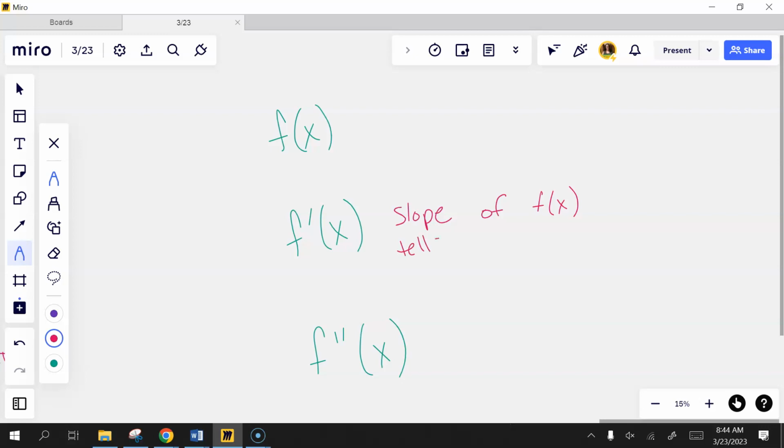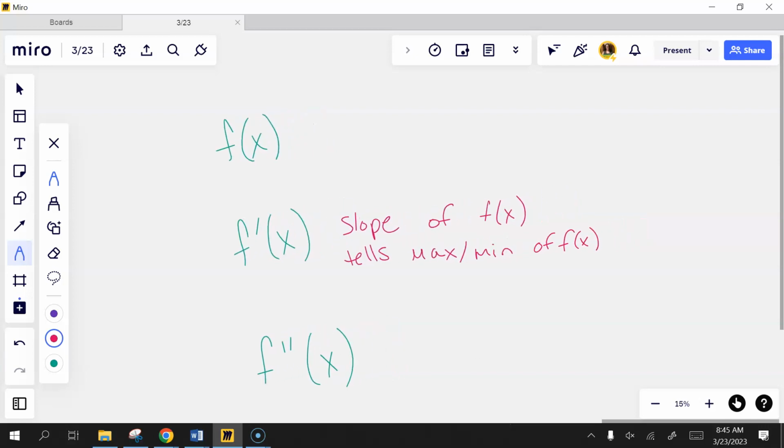It tells me the maxes and mins of the original function. This is where you do the sign chart. You do positive, negative, increasing.